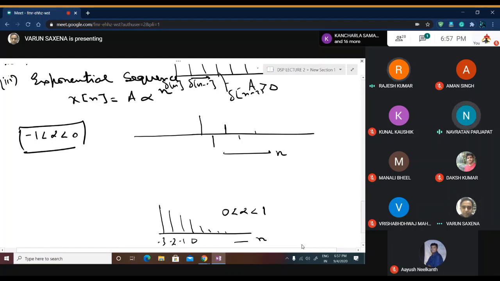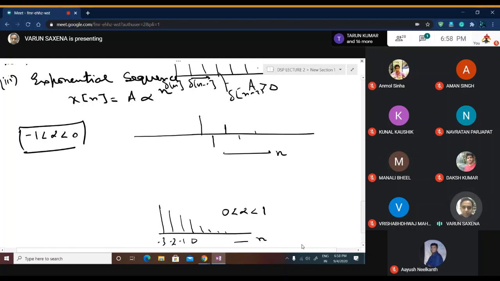So we can expand cos into exponential terms. You can, nothing, no expansion is required. My question is, what should it be?